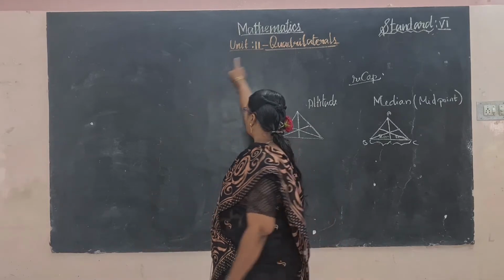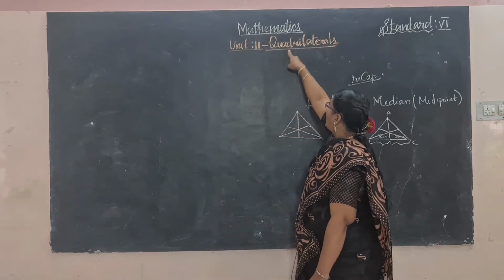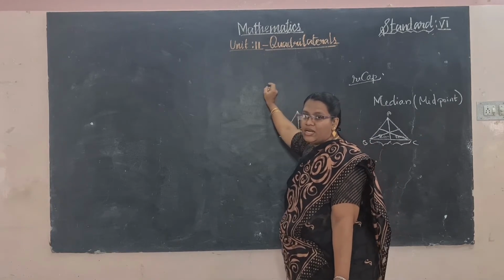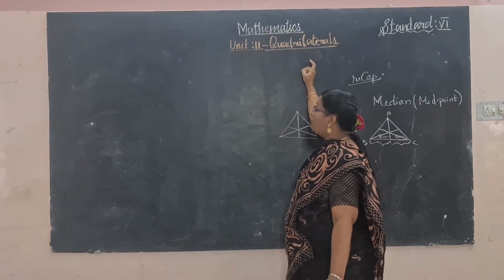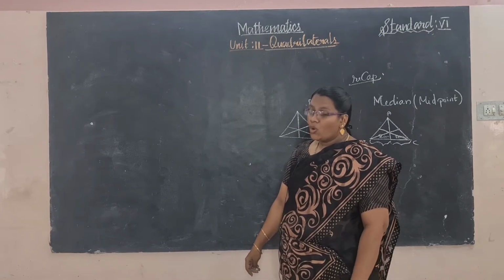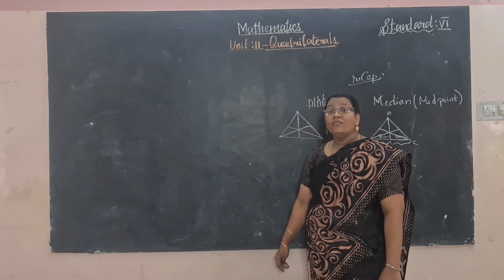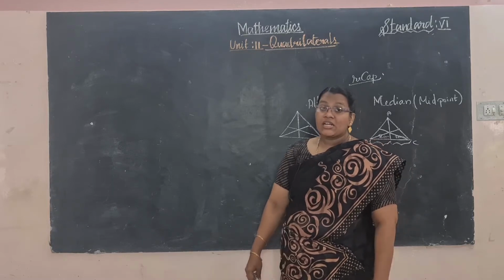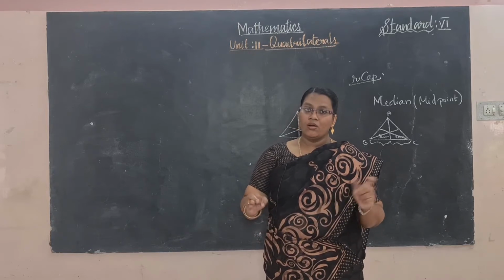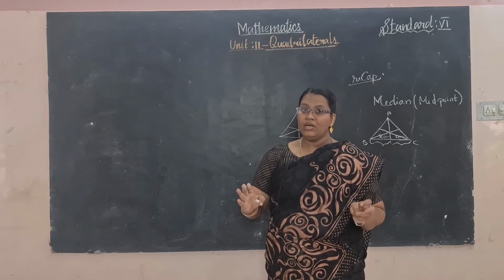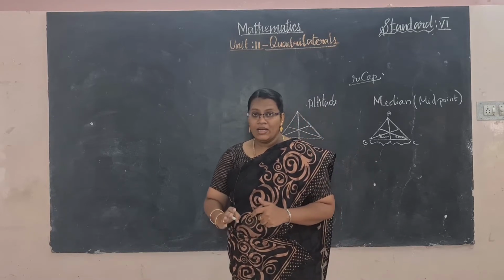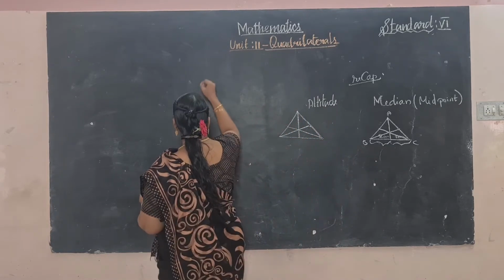Today we are going to learn about quadrilateral. Quadrilateral means it has 4 sides. A quadrilateral has 4 sides, 4 vertices, and 4 angles, and it is a closed figure made by 4 line segments.